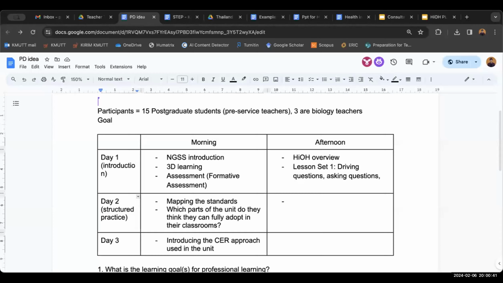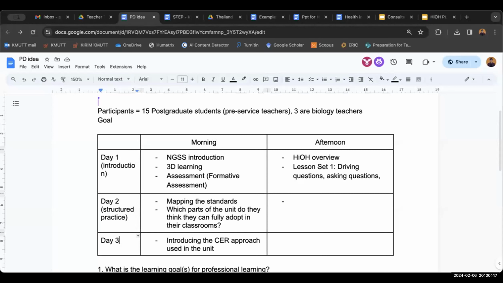for them to learn how to ask questions, how to collect all the ideas from the students, how to help students summarize the idea, develop the mental model, something like that.